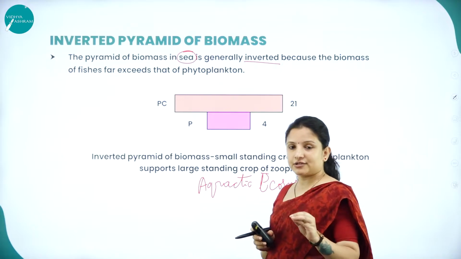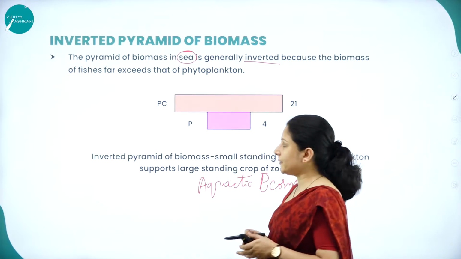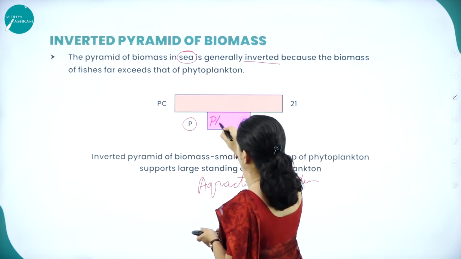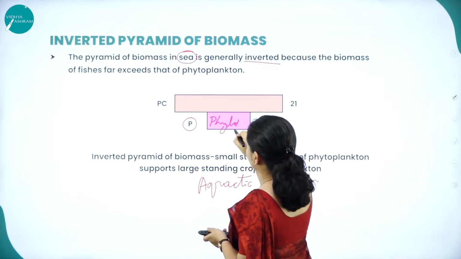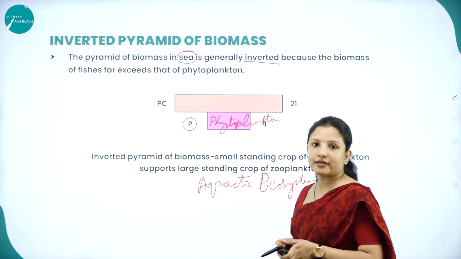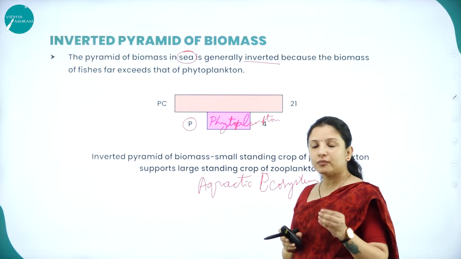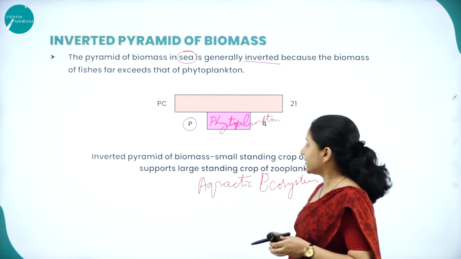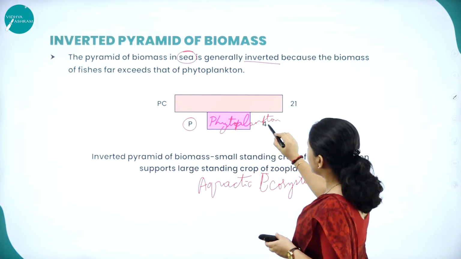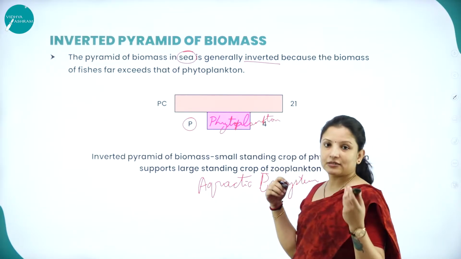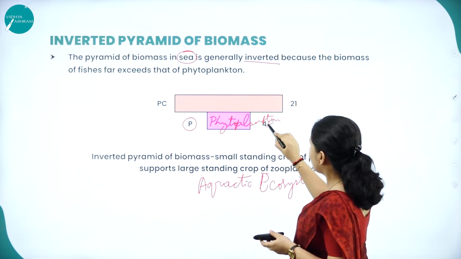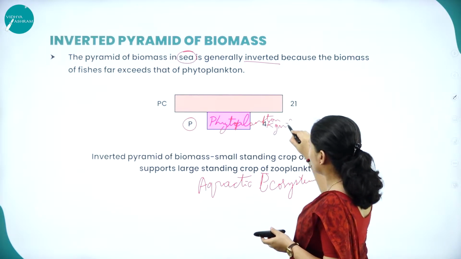In a pond ecosystem or in any water body, the producers here will be the phytoplanktons, because phytoplanktons are the photosynthetic free floating plants, small minute plants that are there in the aquatic ecosystem. So, phytoplanktons are less in weight here, because I am talking about biomass, they are just 4 kg per meter square.